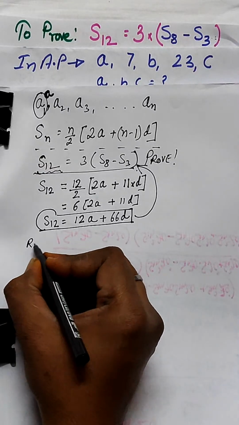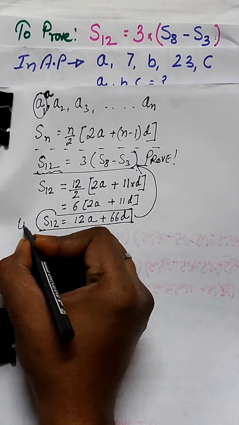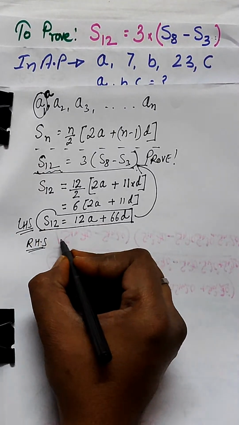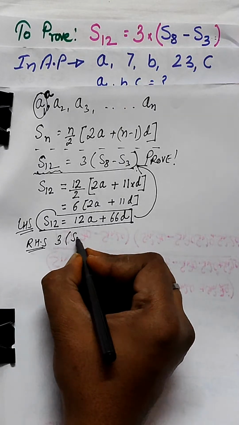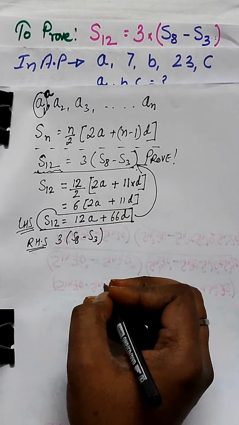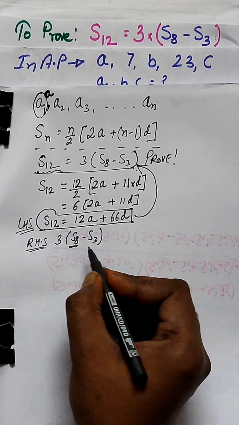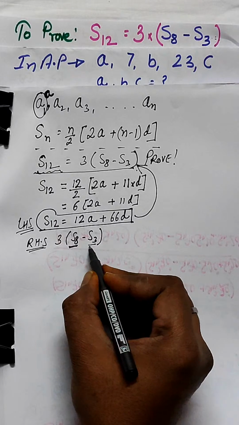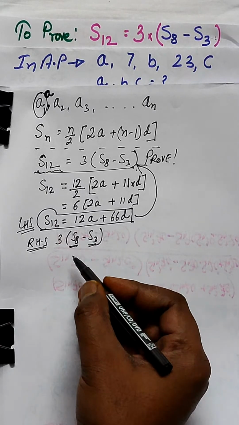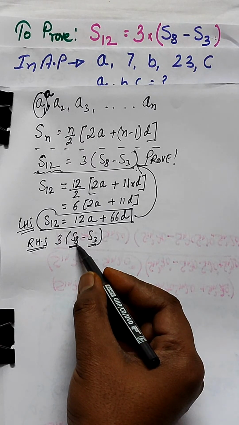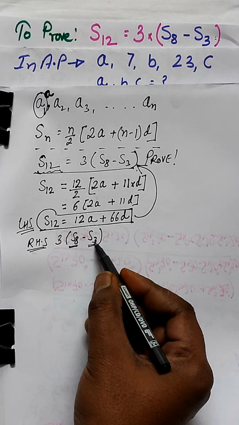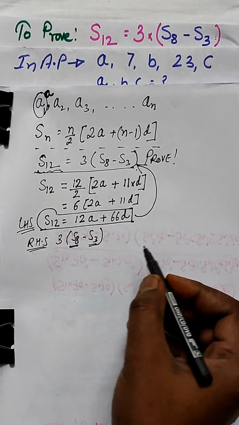So do one thing: calculate the values of S8 and S3 first, where S8 denotes the sum of the initial 8 terms of that AP, and S3 is the sum of the initial 3 terms of that AP.